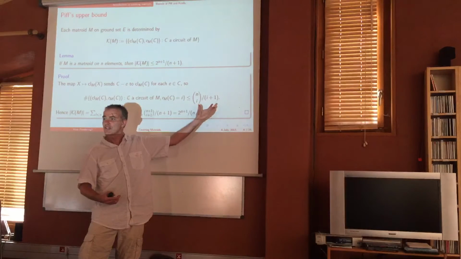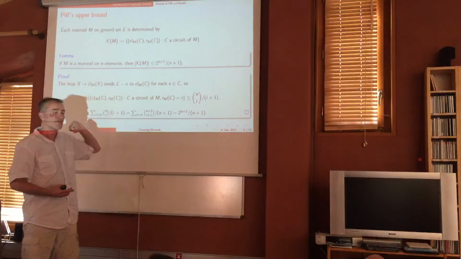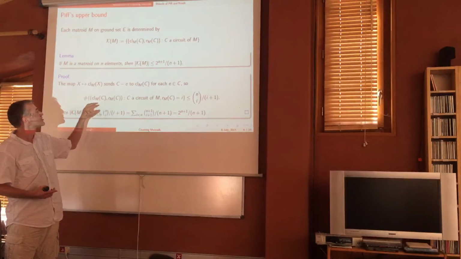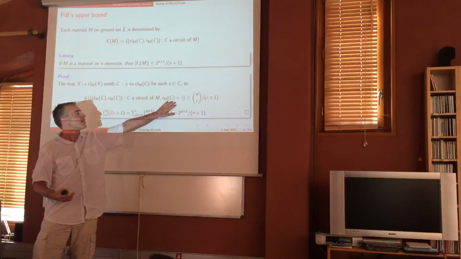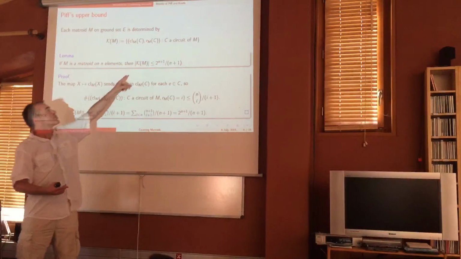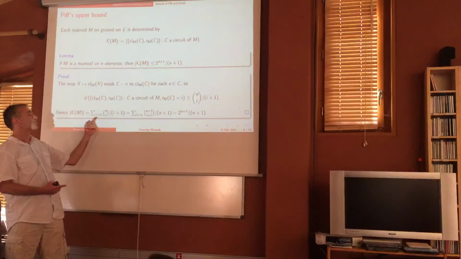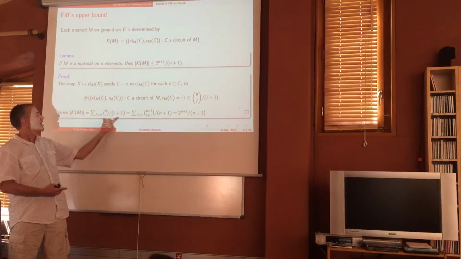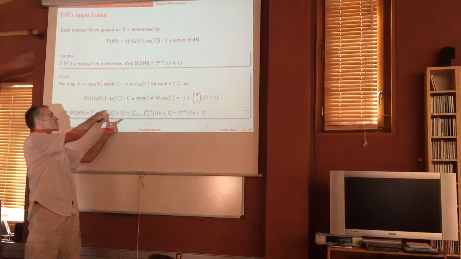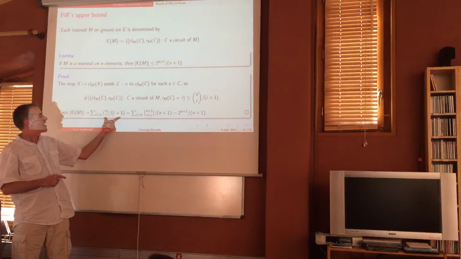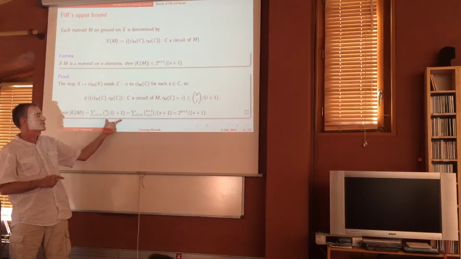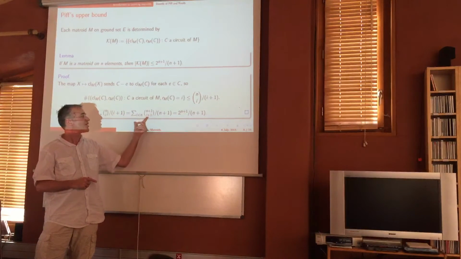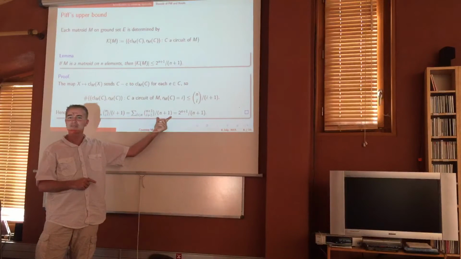So this gives you an upper bound on the number of closures of circuits of a certain rank. And then to get the upper bound on this k of m, I have to sum over all the possible ranks that I can get. And here's a little combinatorial thingy: n choose i divided by i plus 1 just equals n plus 1 choose i plus 1 divided by n plus 1.